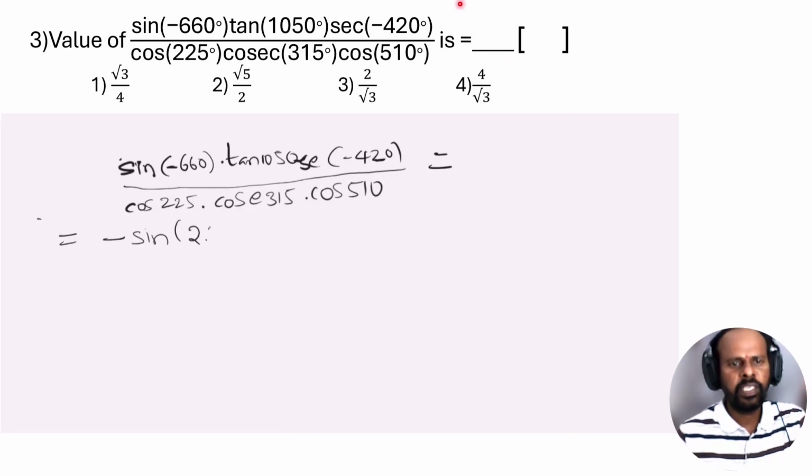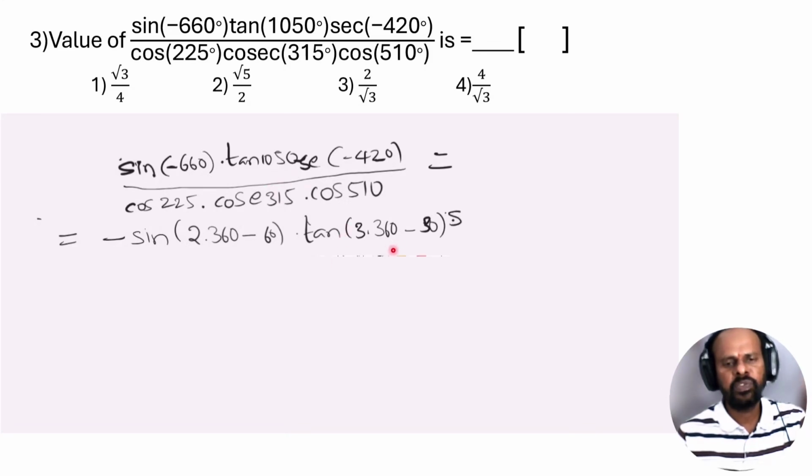So sin of minus 660 is in fourth quadrant, so it becomes minus. In fourth quadrant sin is minus. 660 can be written as 2 times 360 minus 60, and tan 1050 can be written as 3 times 360, that is 1080 minus 30, 1050.